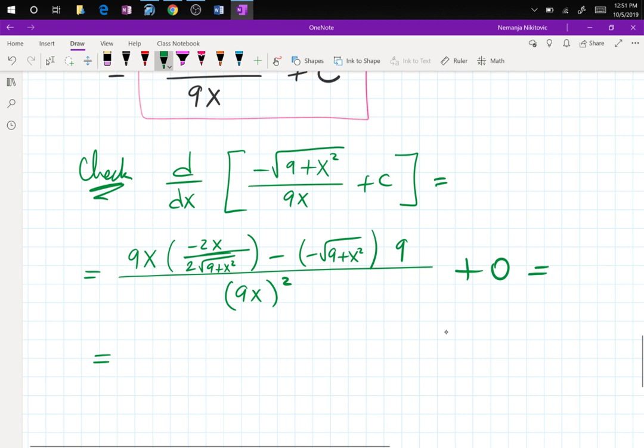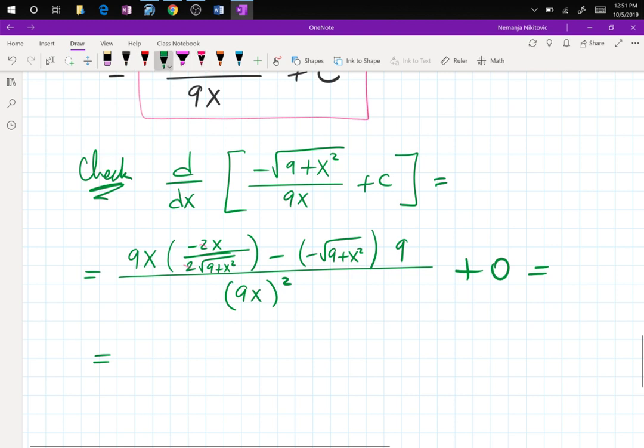I have, when I deal with the x's and so on, I have what? 2 and 2 will cancel.